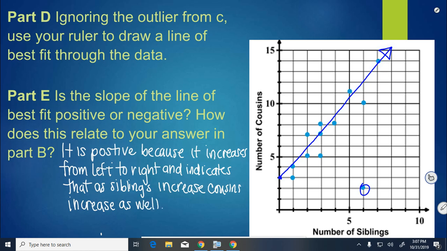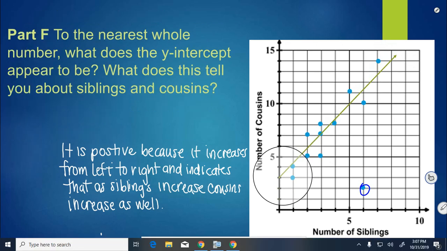Right? So that positive slope tells us that there's a positive trend in the data. It confirms that as the number of siblings increase, the number of cousins also increase. All right, let's continue with this.